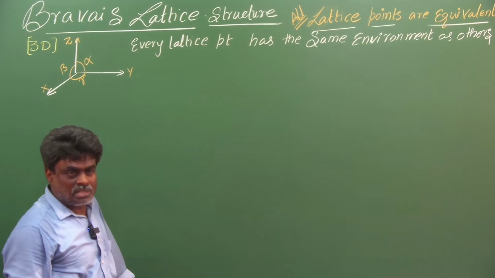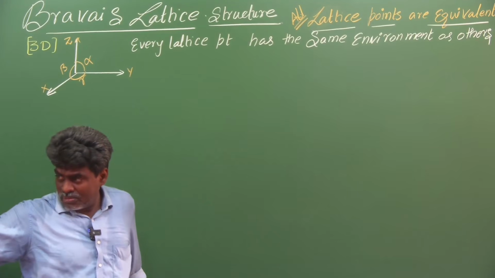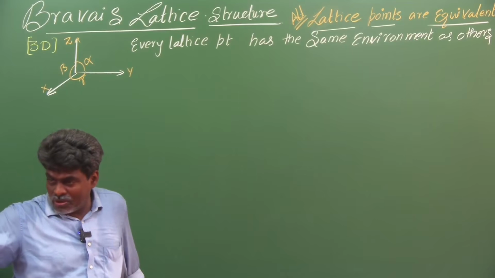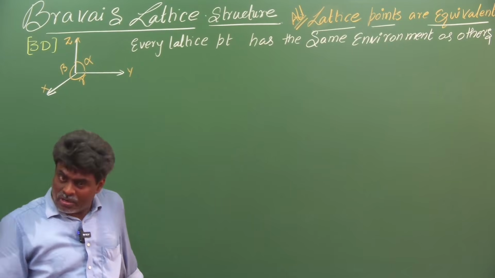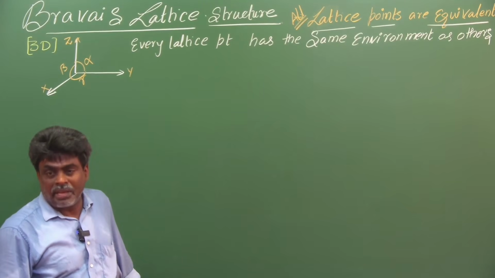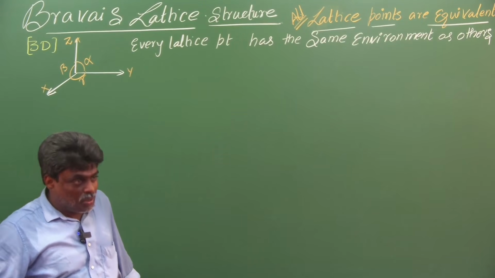It is not 360. Go to a corner of your room. How much on the floor? 90. On that wall? 90. On this wall? 90.